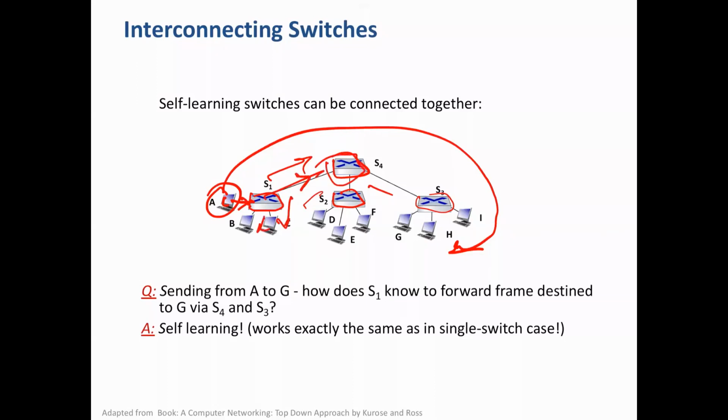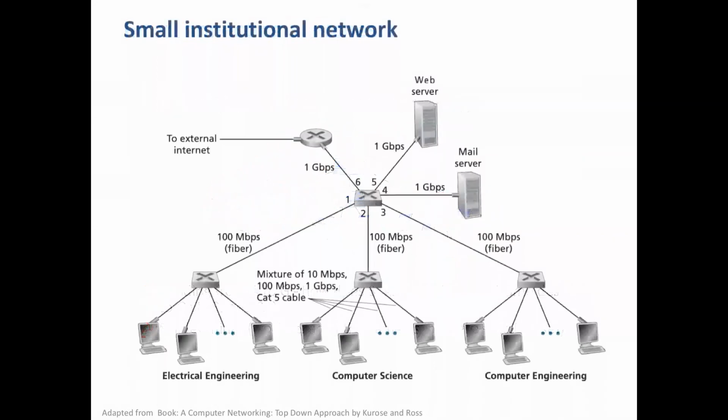Okay, S4 will know that A is connected on this port, this learning will go into the table, and then it will broadcast everywhere. Finally it will reach H, and when H responds back, all switches will know where H is. In this way self-learning can happen.